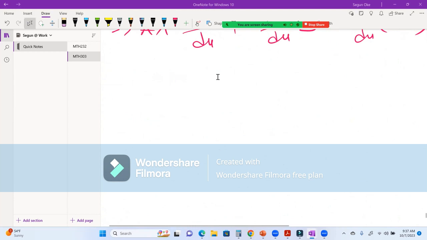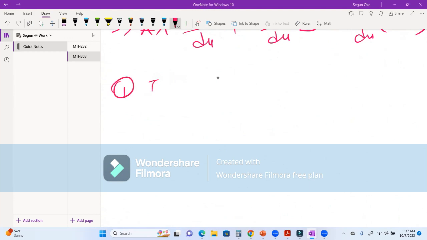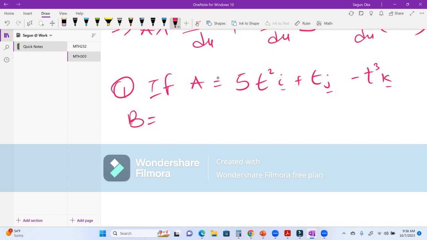Okay, let's look at today's question. Let's solve this question. Question 1 today: if A is equal to 5t squared i plus tj minus t cubed k, then B is equal to sin t i minus cos t j.